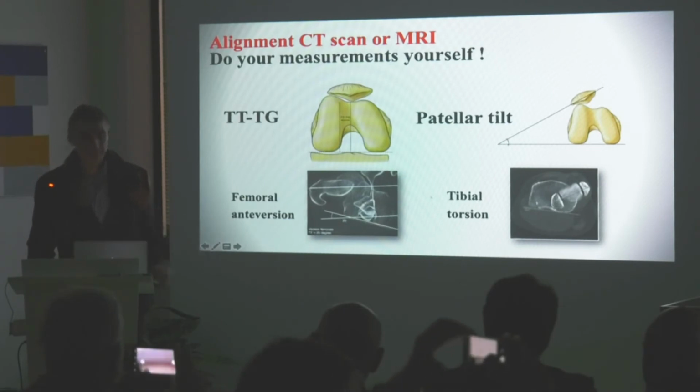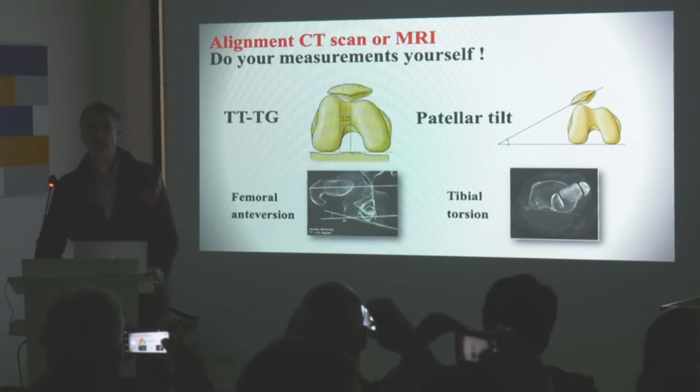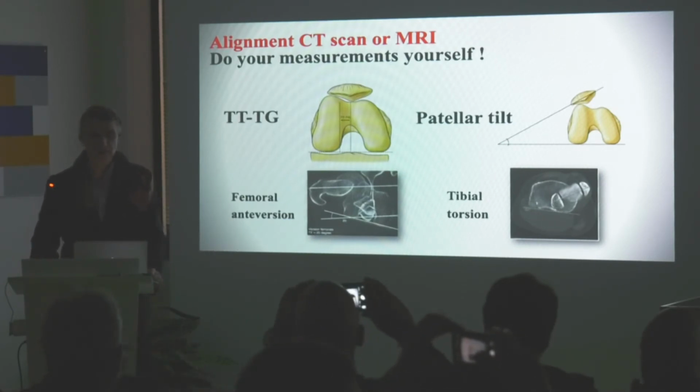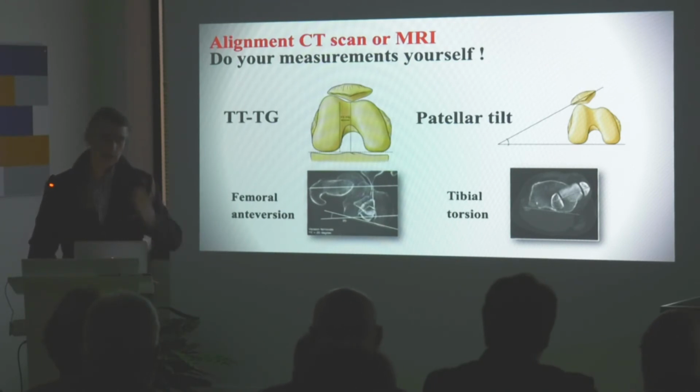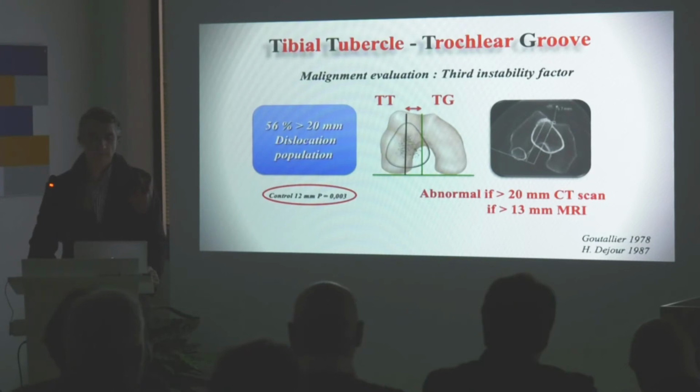Very, very rare. Then we move to the third risk factor, which is the TT-TG that we measure on the CT scan or on MRI, and you can do both, MRI or CT, not a problem.